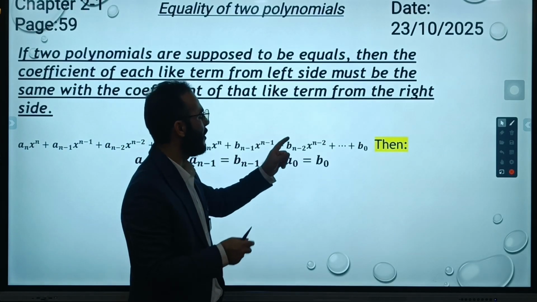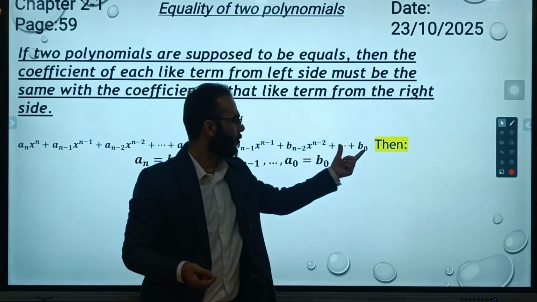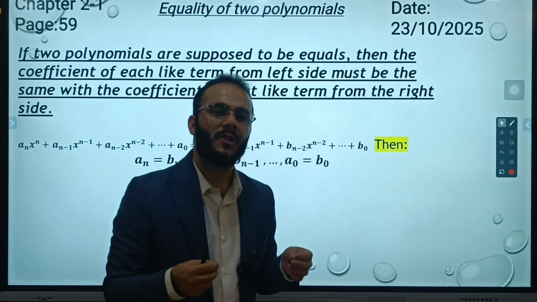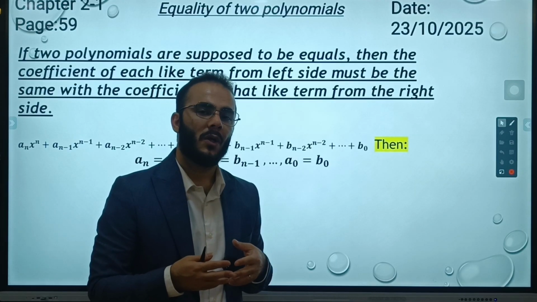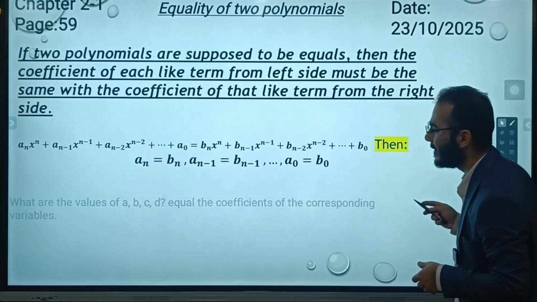And finally, the constant term: here it is a0 and here it is b0, so they must be the same. When every single coefficient of the like terms is the same, we say that these two polynomials are equal. So let's see some examples.